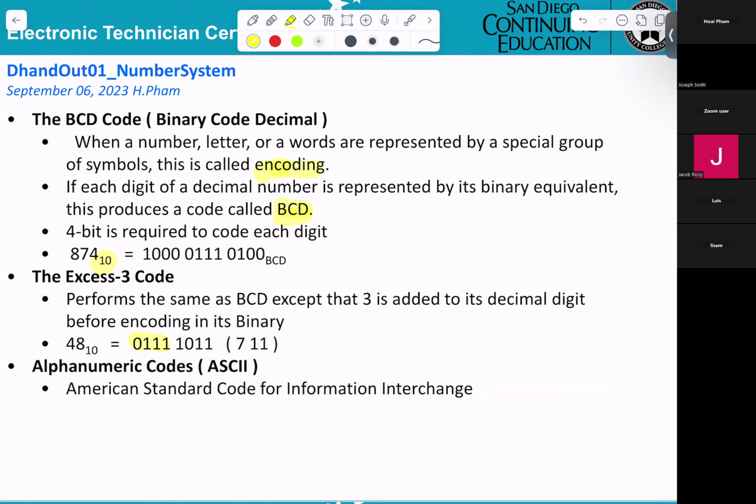Okay, 874. So basically number 8 here, 1000. Number 7, 0111. Number 4 here. Okay, excess-3 code.